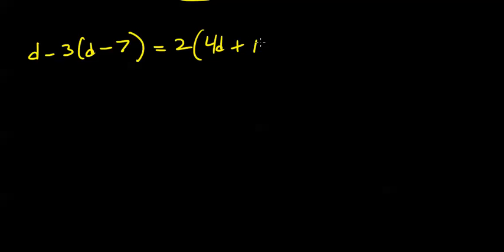Give me a minute here. How about d minus 3 times d minus 7 equals 2 times 4d plus 10. Alright, let me go ahead and grind this out.